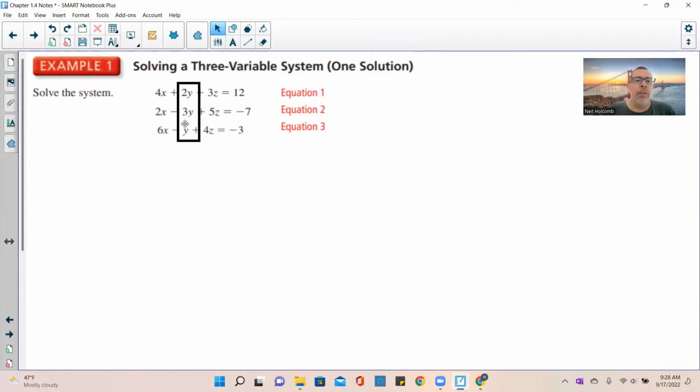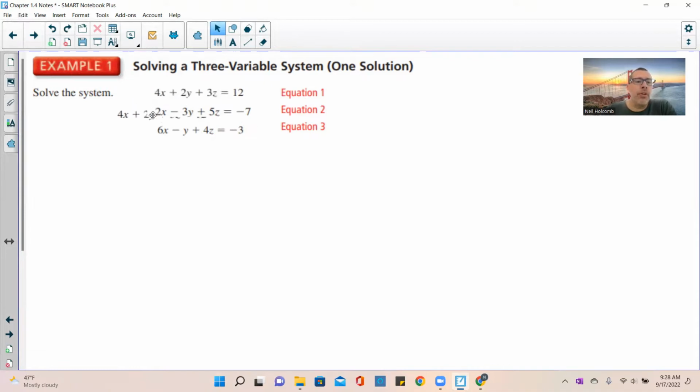I have a 2, I have a 3, I have a 1. Nothing matches. Then I come over to the z's and I have a 3, I have a 5, I have a 4. Nothing matches. If they did match, we would just simply take the two that matched and use those two to reduce down to two variables. But since I don't have any that match, I can use any combination of these three and eliminate something.